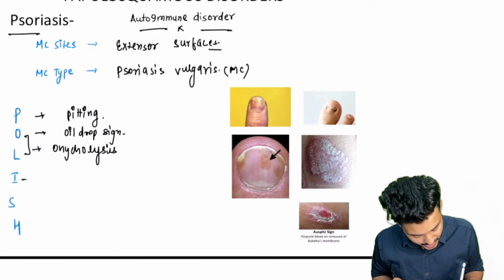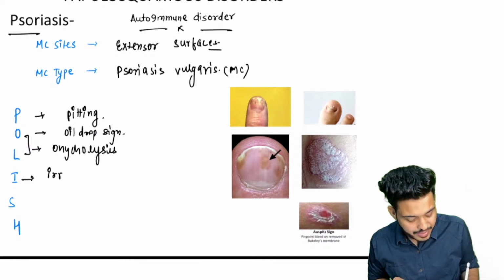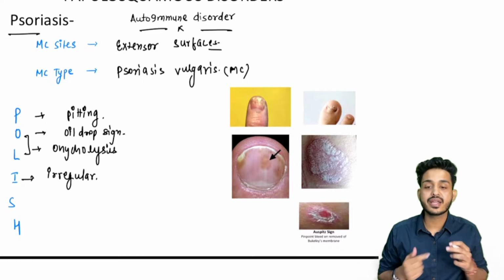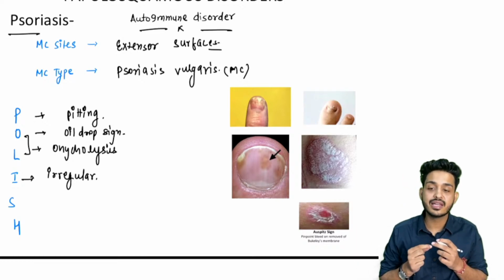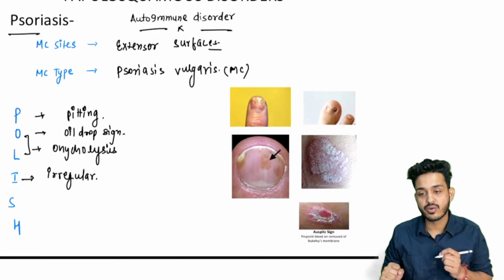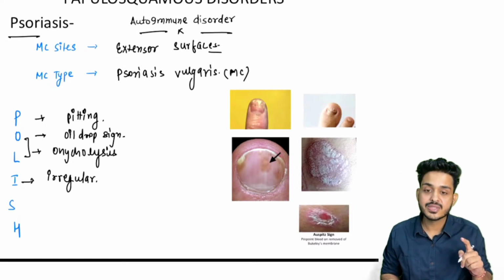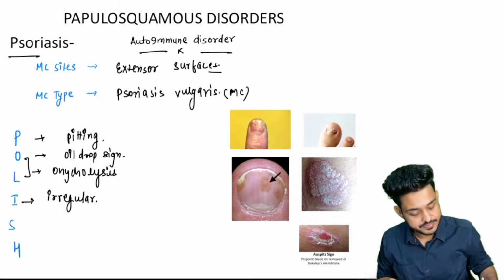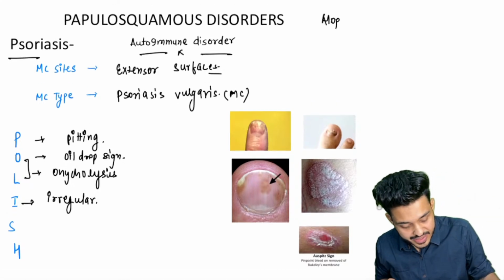Okay. I for irregular. You can remember here, the pitting will be irregular over here. Pitting होती है nails के ऊपर, pitting होती है thimble nails. So the pitting will be irregular. Okay. Regular pitting will be seen in, important, regular pitting will be seen in which case? We have seen alopecia areata.